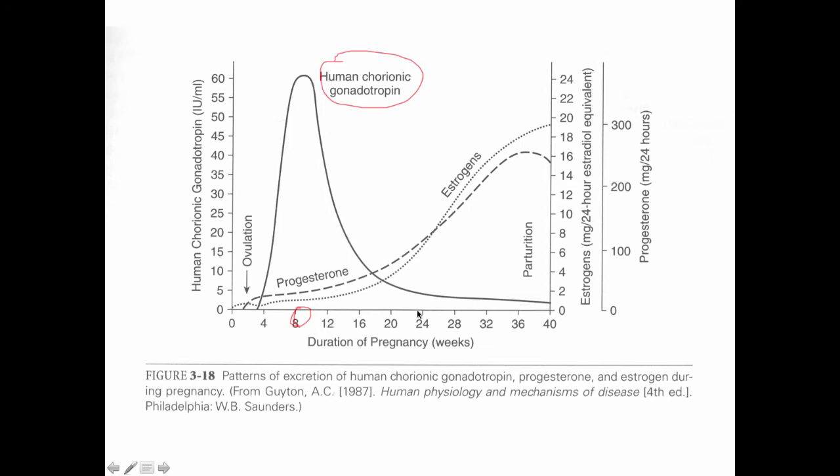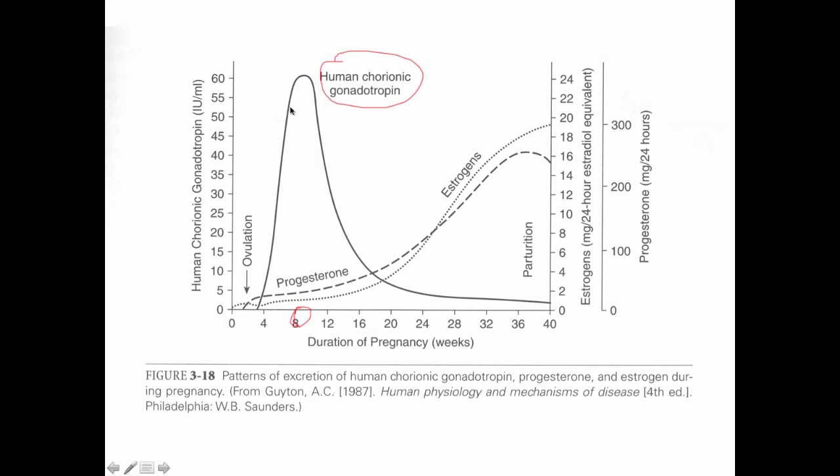And as we spoke about in class, that rise in HCG is what maintains the corpus luteum, right? And its production of progesterone and estrogen until the placenta can take over.